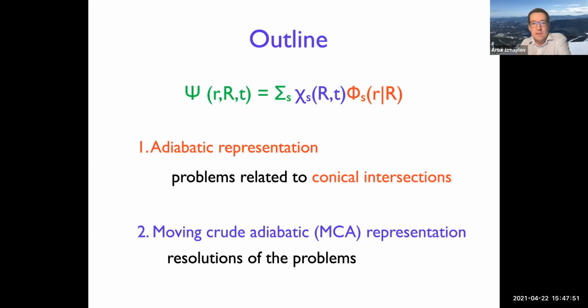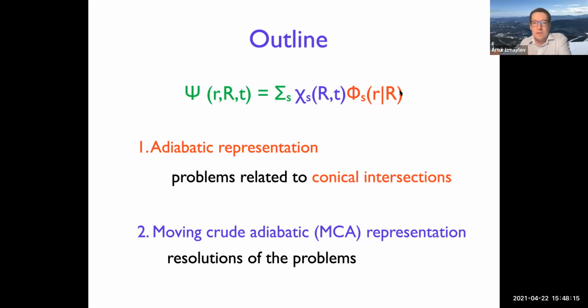Okay, and in this talk, as I said already, we're interested in sticking close to the electronic structure. Essentially, we would like the electronic wave functions to come from the packages for the on-the-fly dynamics. And that's why we will discuss what are the problems with that approach. It's like using adiabatic representation.